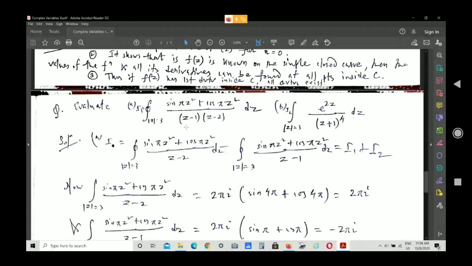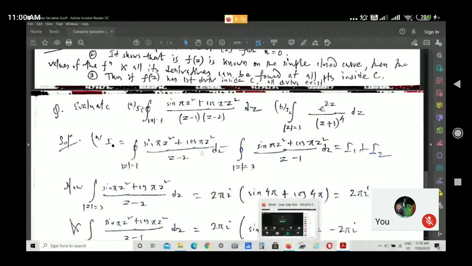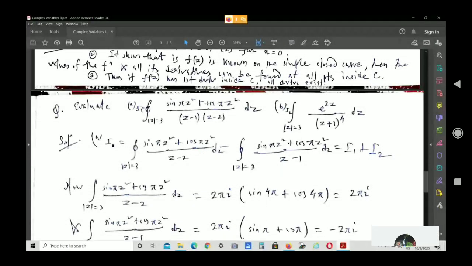At which points it may not be analytic? Questions from where? Repeat, sir. In which points is this function not analytic?